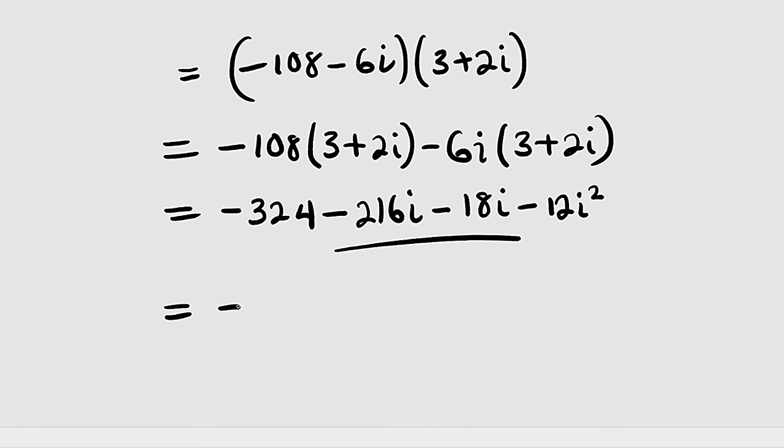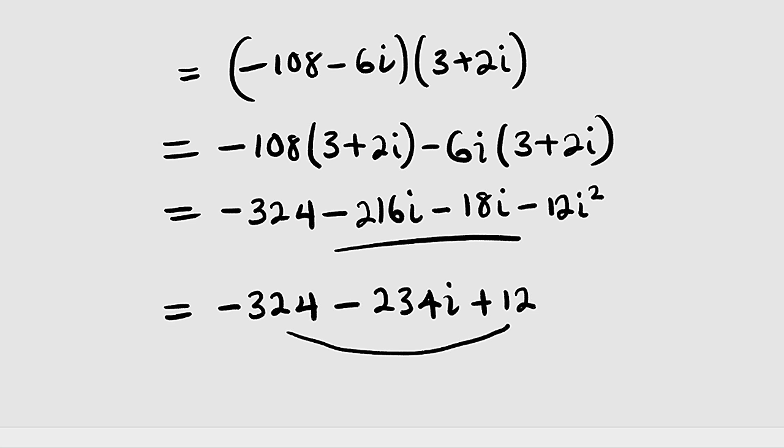So this is the same thing as negative 324 minus 234i, then plus 12, because i squared is negative 1. Then we need to connect this and this together. Negative 324 plus 12 is negative 312.